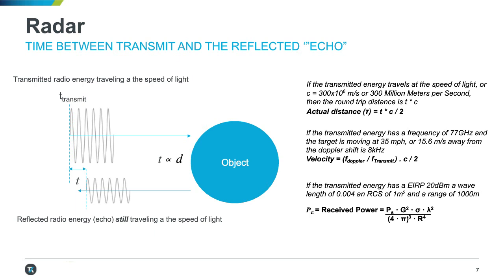The power has to be of a high enough amplitude that you do get the return signal, so you can measure the Doppler and the distance. That's what we call the radar range equation there at the bottom, and it's primarily a function of distance.